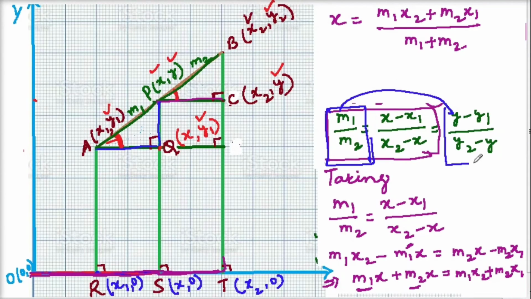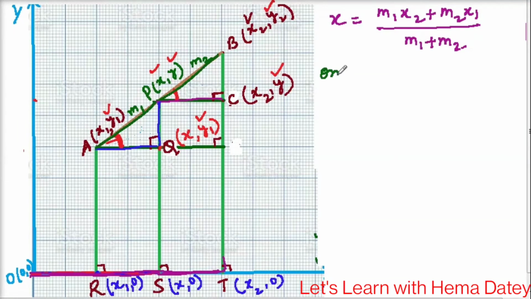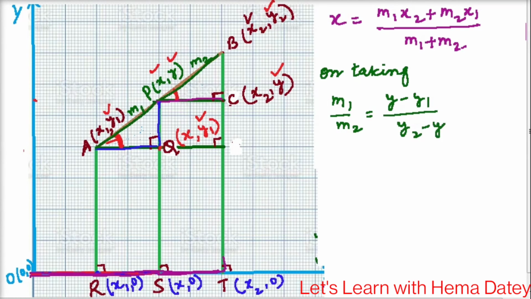Now let's take first and third ratio together. On taking first and third ratio together, we will get m1 upon m2 equals to y minus y1 upon y2 minus y.